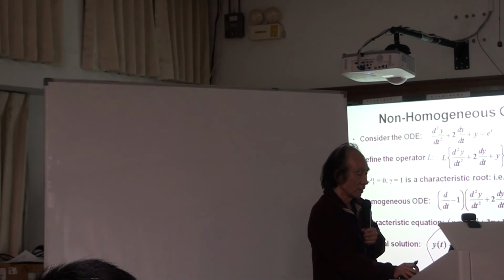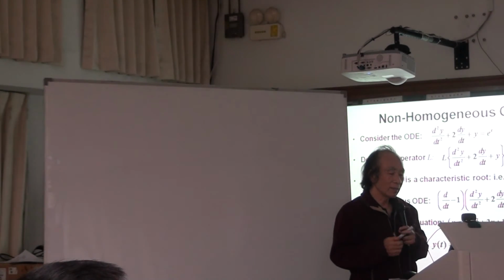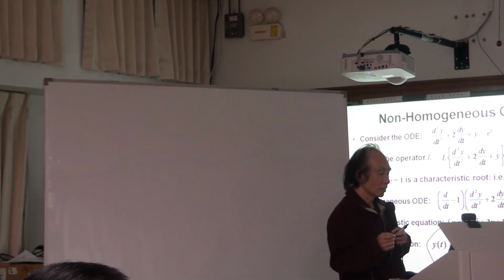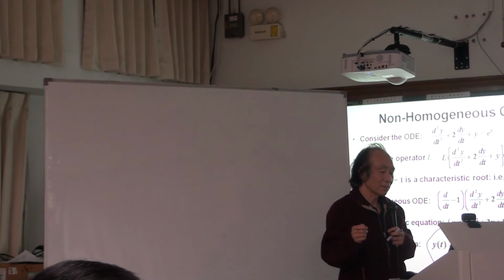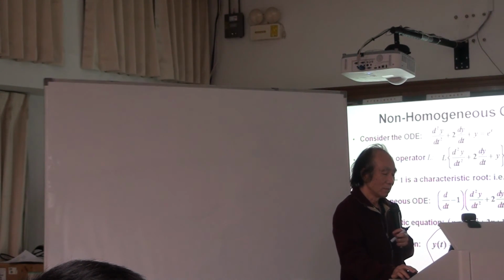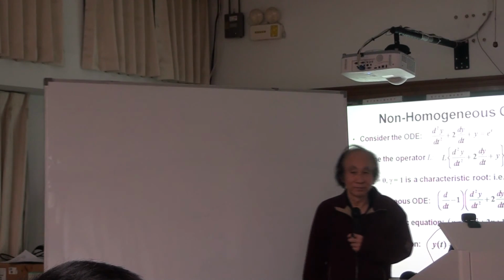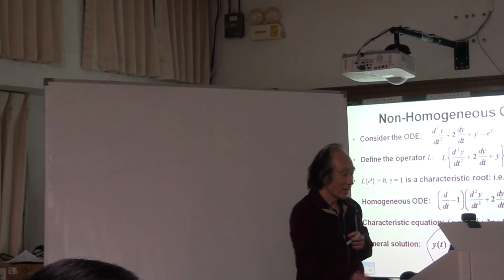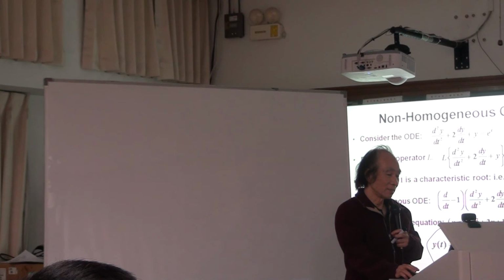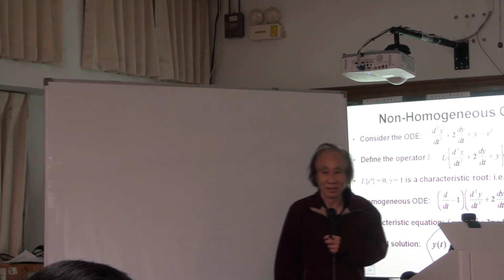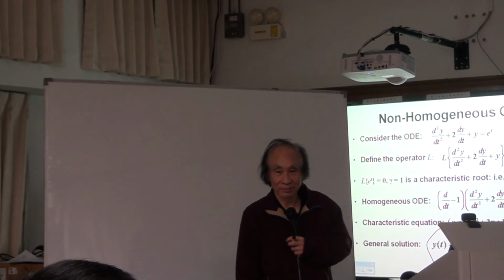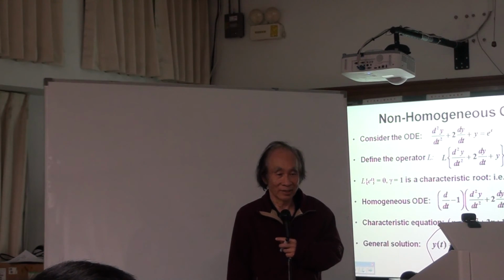The C1 e^(-t) + C2 t e^(-t) comes from the homogeneous solution. Then A e^t comes from the non-homogeneous solution.